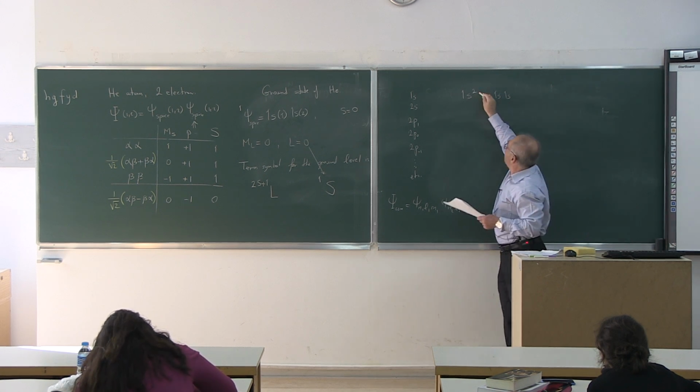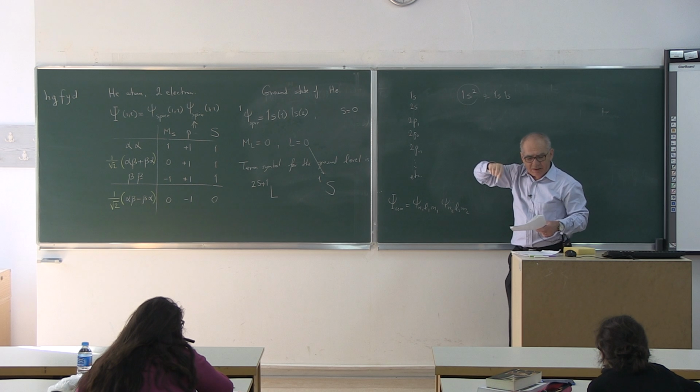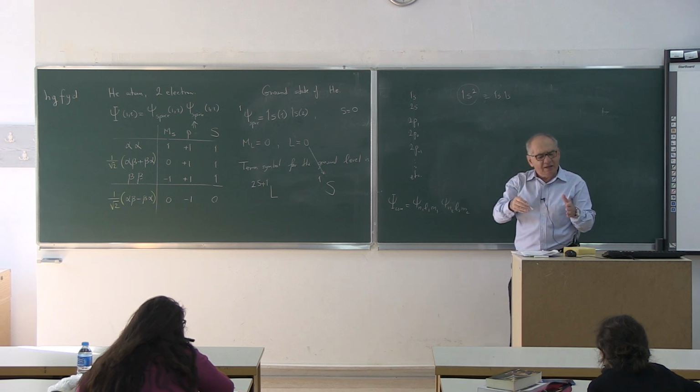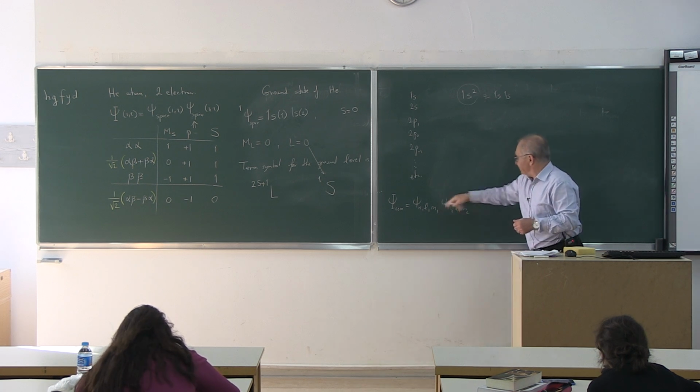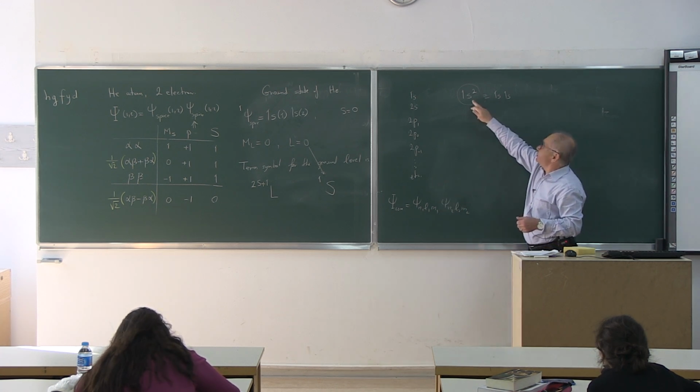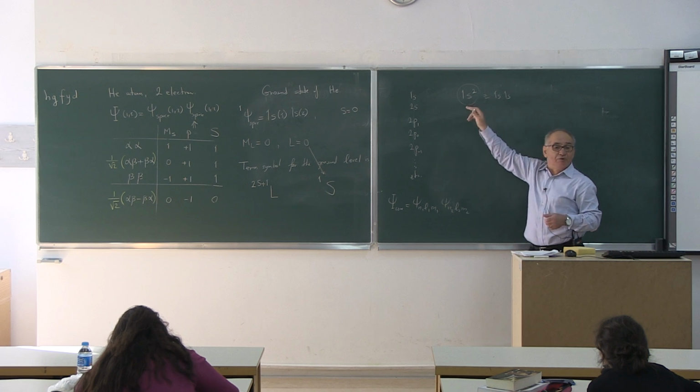But this is just a short notation indicating which orbitals have been selected in the product, such as this one. This notation is called electron configuration.